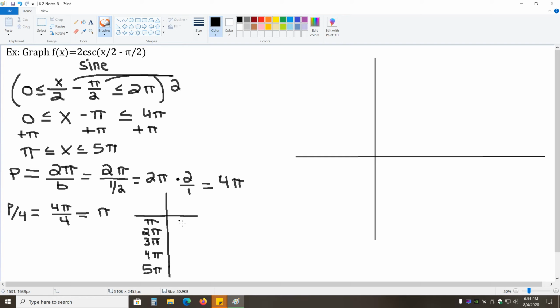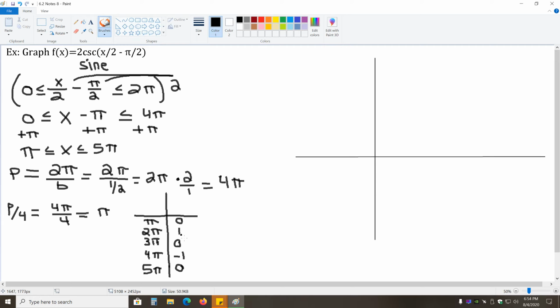Now, remember whenever we graph sine, the graph always starts with 0, goes to 1, back to 0, down to -1, back to 0.